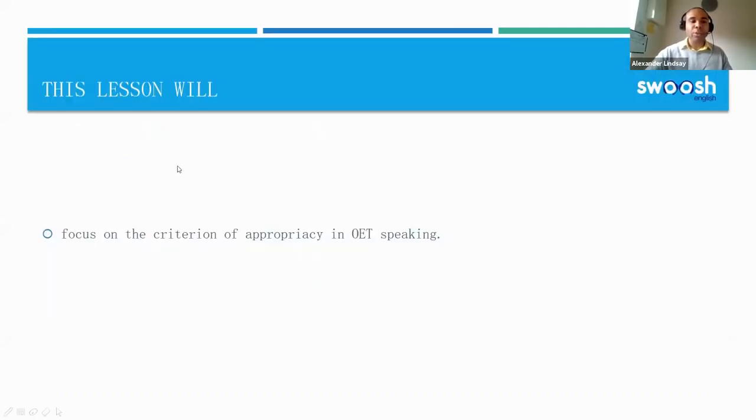So in this class, we're going to focus on the criterion of appropriacy in the OET. Just before I get into some of these tips, when you hear the word appropriacy in relation to the OET, what do you think are some important aspects of using appropriate language? What would you give as your top tip when it comes to using appropriate language in the OET?